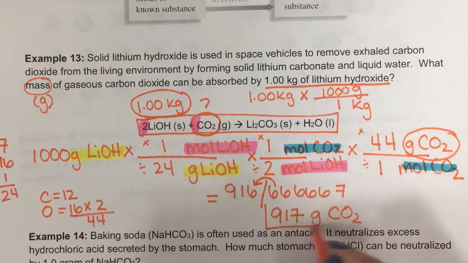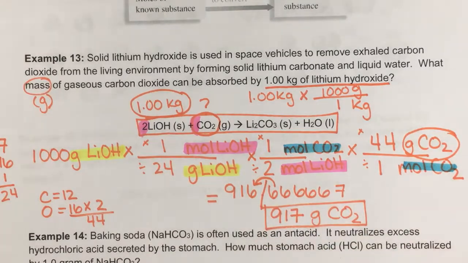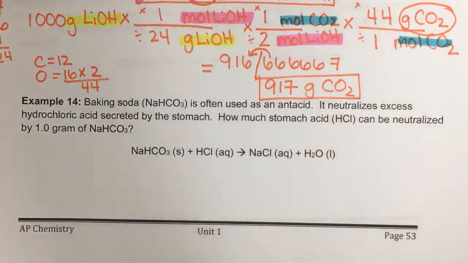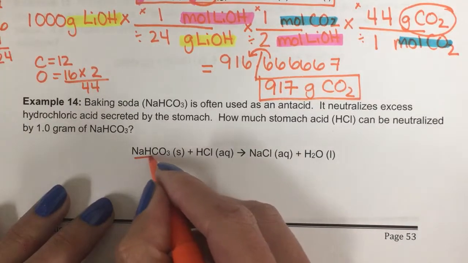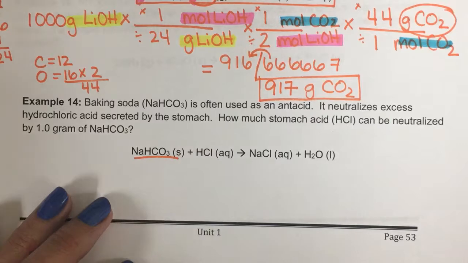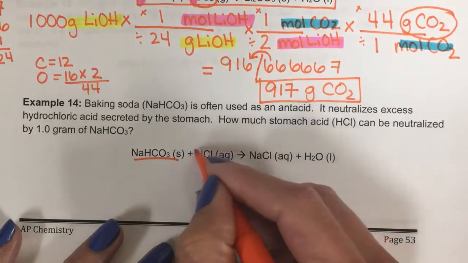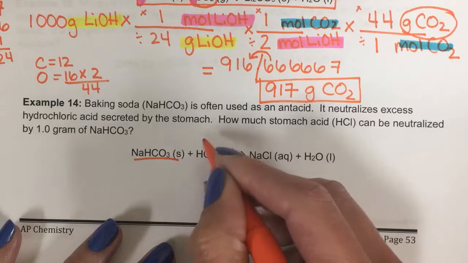Okay? So take a second and try example 14. In example 14, we're told that NaHCO3, which is baking soda, is often used to neutralize excess stomach acid, HCl.